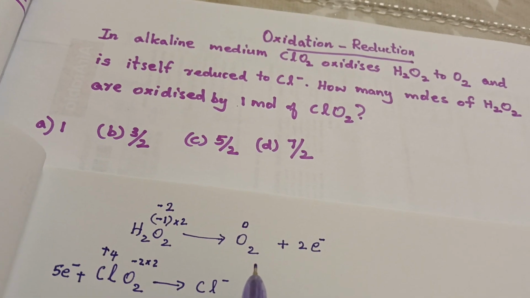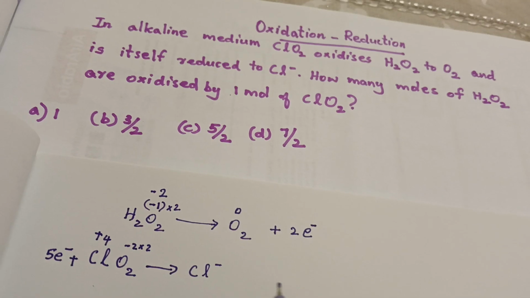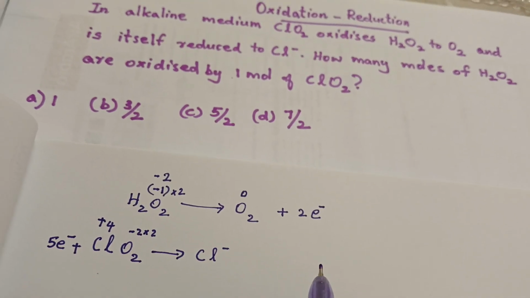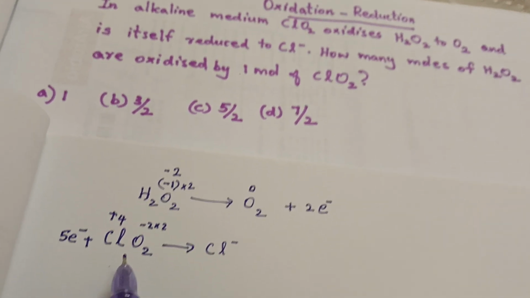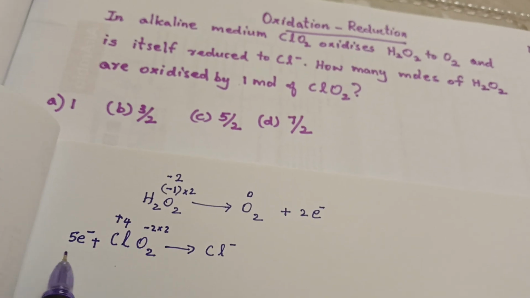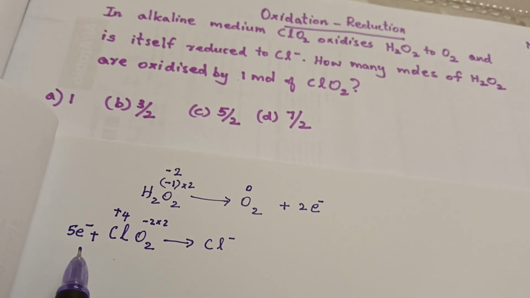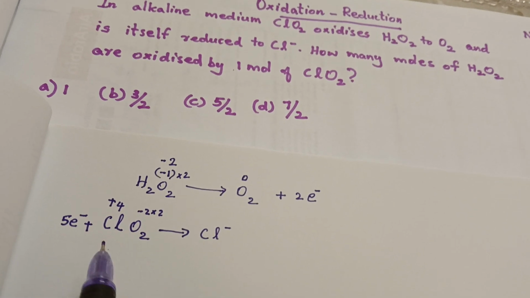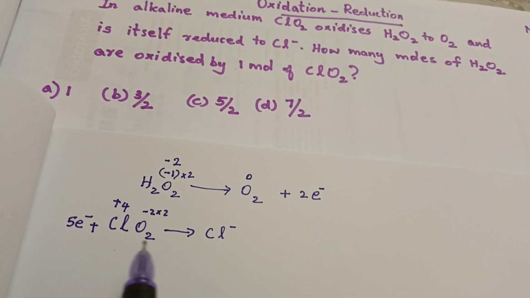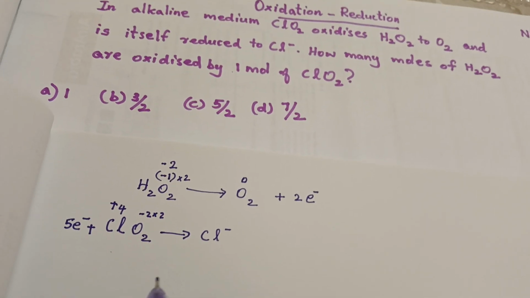Now we are asked how many moles of hydrogen peroxide are oxidized by 1 mole of ClO2. So for 1 mole of ClO2 to become chloride ions, 5 electrons are required. So 1 mole of ClO2 is equivalent to 5 electrons.